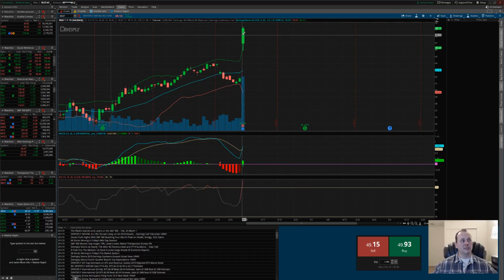So there's a good chance for this ticker right here, XRAY, that it closed out at 49.13, and it's going to close out higher. How much higher? I don't know.